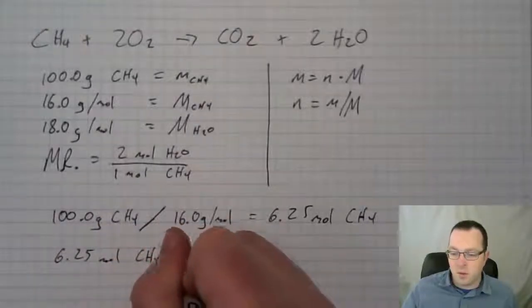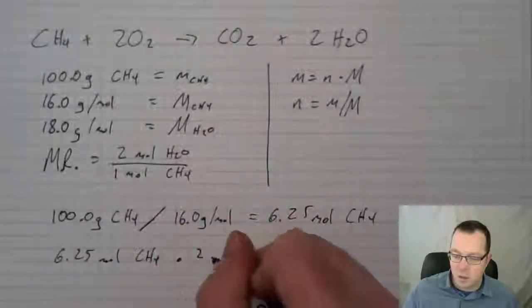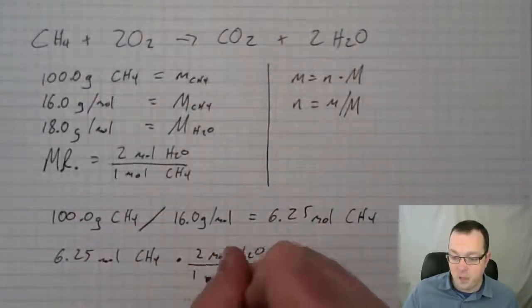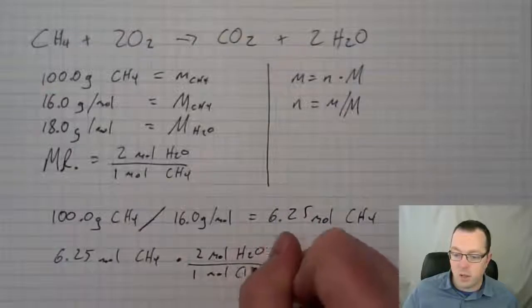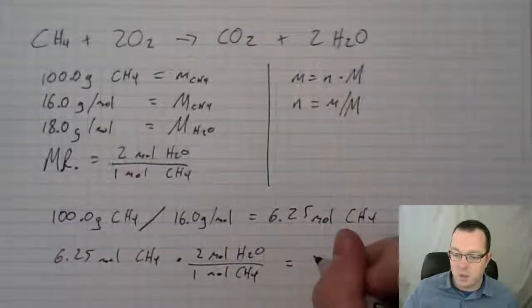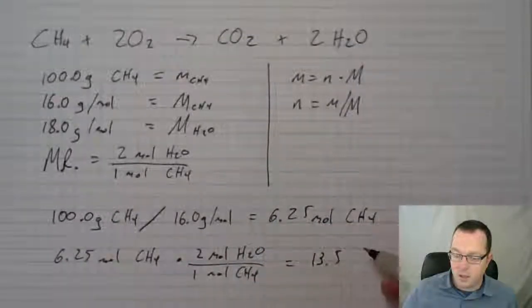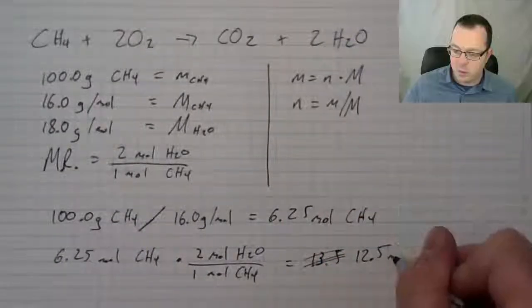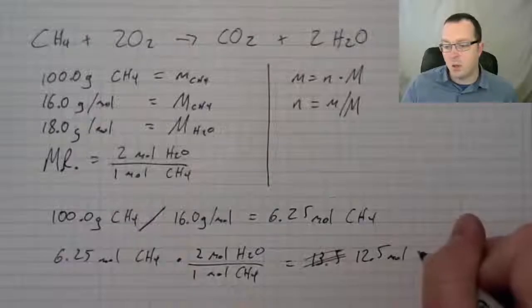Now we have to convert the moles of methane into the moles of water, and that's where the molar ratio comes in. 2 moles of water over 1 mole of methane. When we multiply that out, we get 12.5 moles of water.